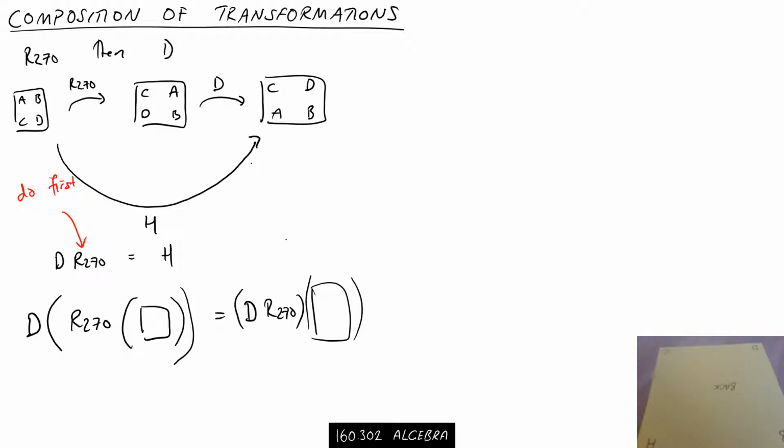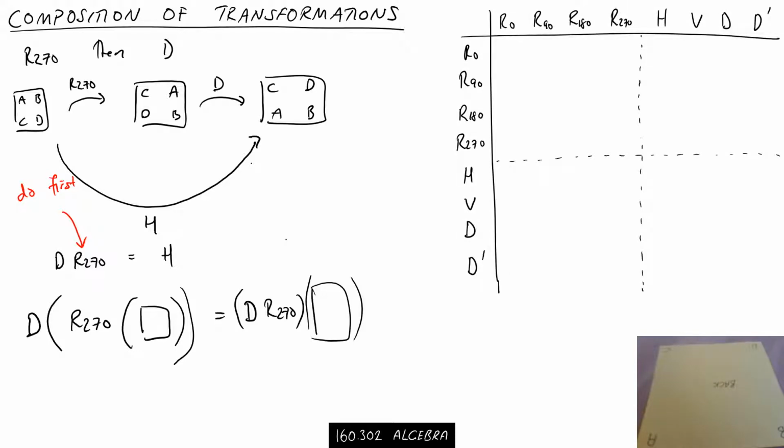Okay, so now we've got a weapon at our disposal which lets us combine two transformations, and it gives us a third transformation which is just the composition of the two. This is our binary operation that we're going to use to build hopefully this group that we're talking about at the moment. All right, so how does that work?